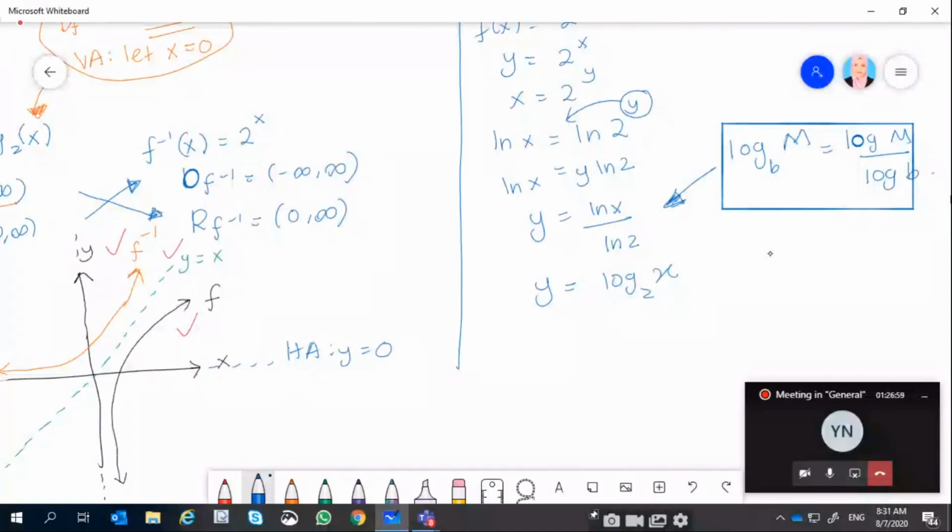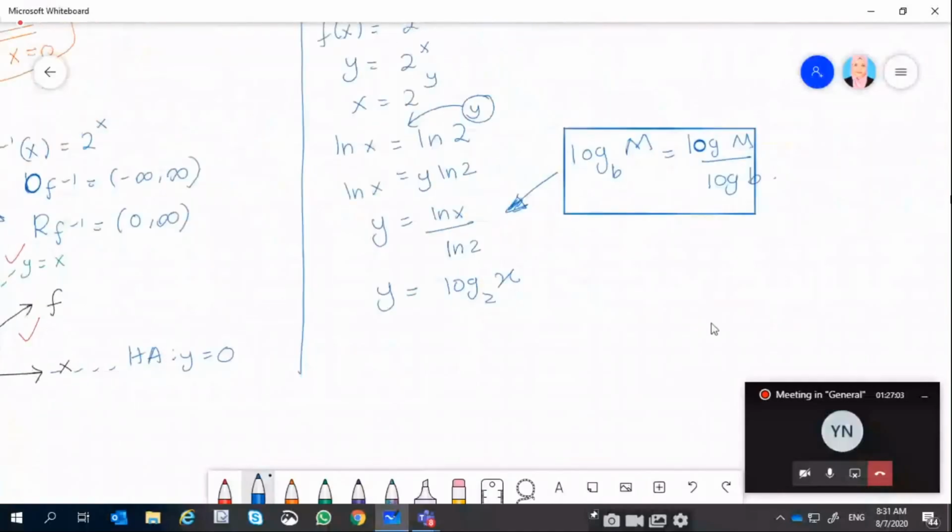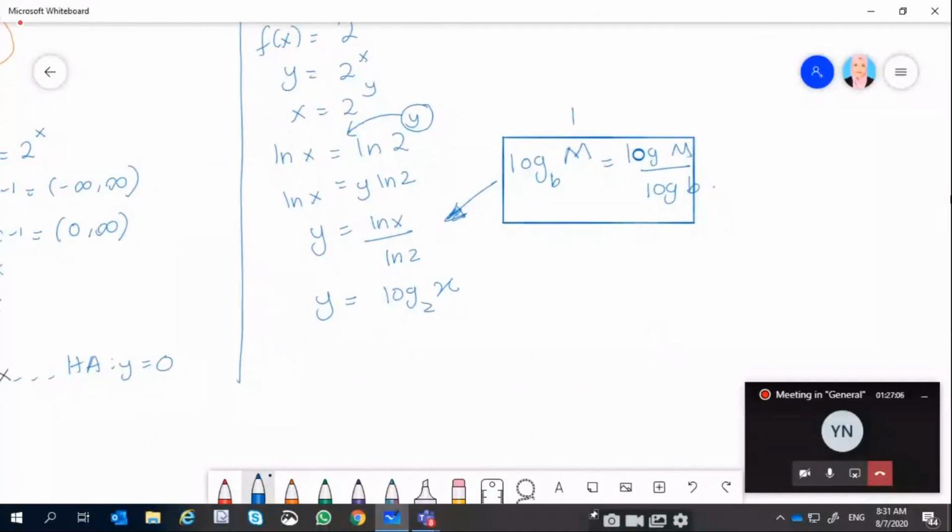Wait, let me look at it for a while. Yes, okay, I maybe I can. This is the law of logarithm. So it is equivalent to log m divided by log b, or ln m over ln b.